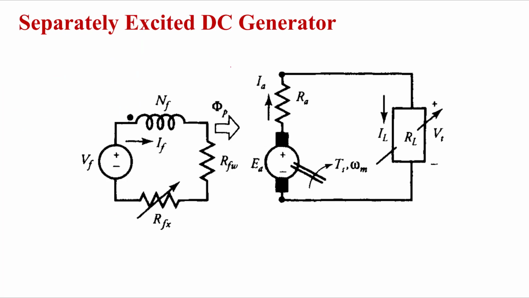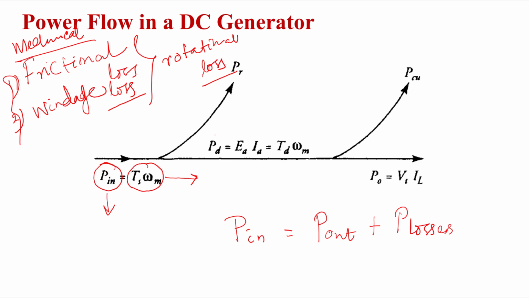After this rotational loss, whatever power we get, here P in minus PR, let us say it is PD. So PD is the developed power, right? Now this power will be utilized in case of the generator.